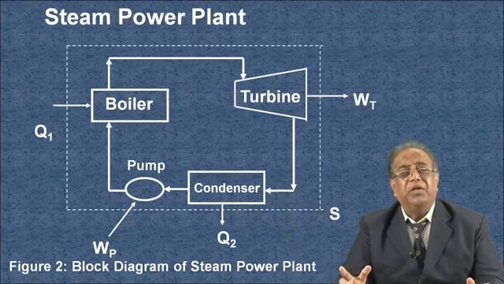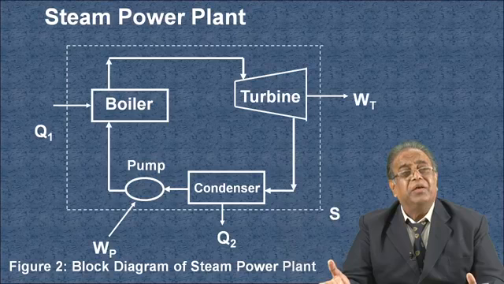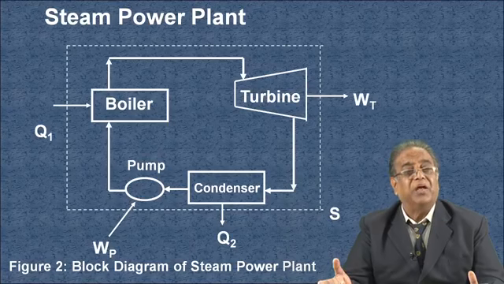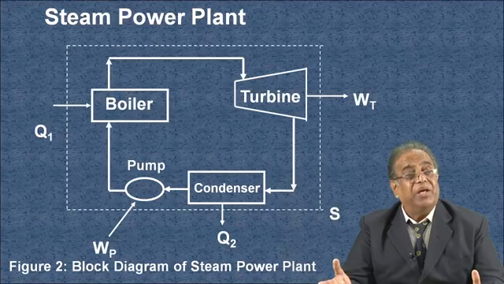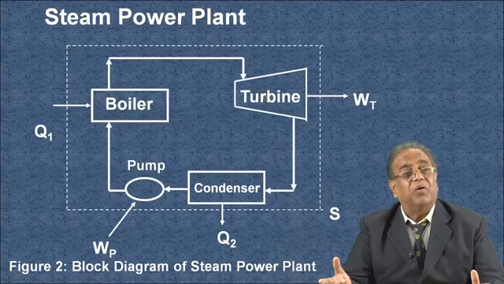So WT is the work done by the turbine. Then the heat is given out to the cooling water which is circulating in the condenser. So Q2 is the heat given out from the system to the outside. And of course, the pump is there to send water to the boiler pressure. For that, WP is the work done onto the system, that is work done on the pump.